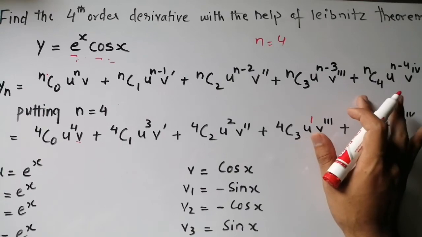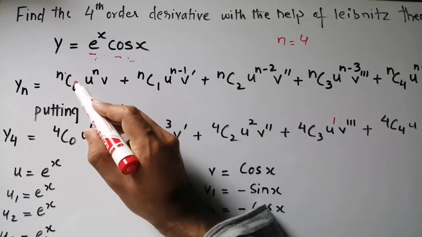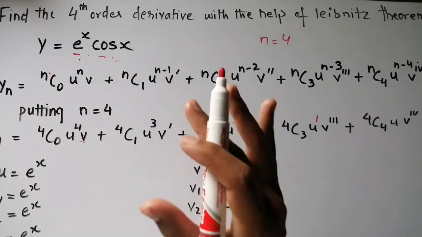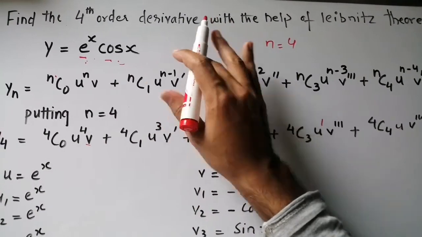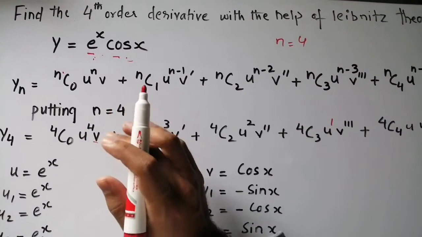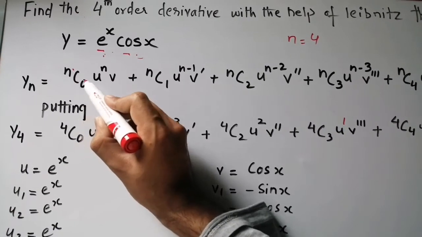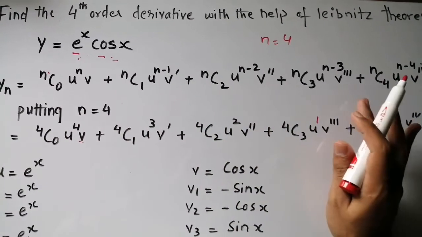Now what we have to do, we are going to put n equal to 4 here. So after putting n equal to 4, we will get the final formula for calculating the fourth order derivative of that particular function. I have already done that, that is, I have put n equal to 4. So all the n's in the above equation are replaced by 4.